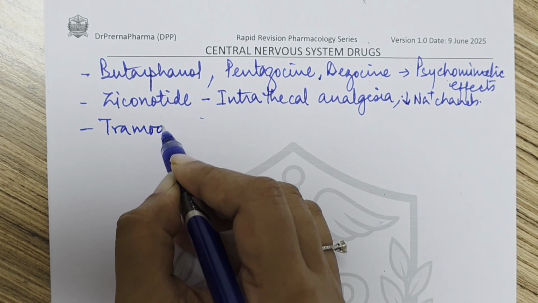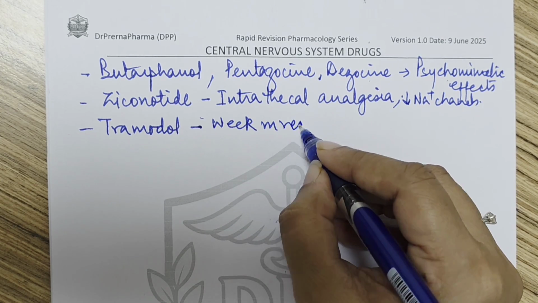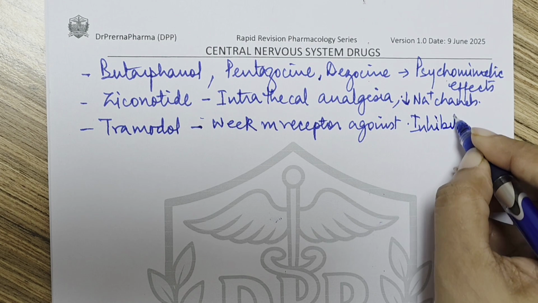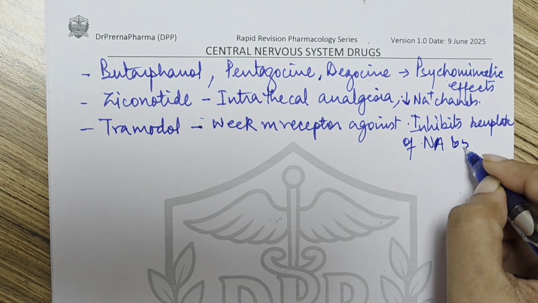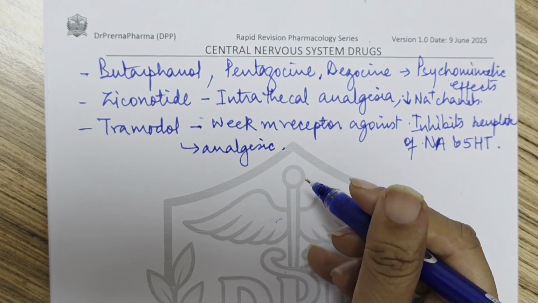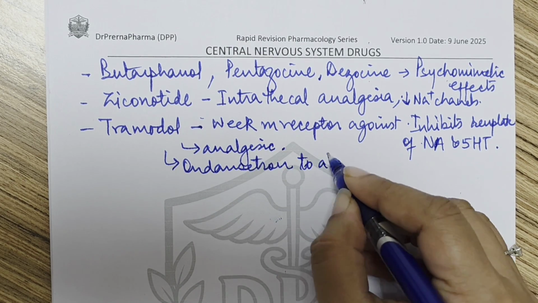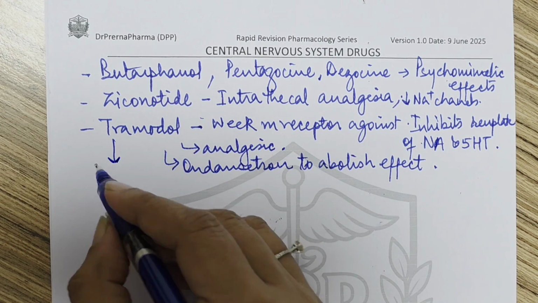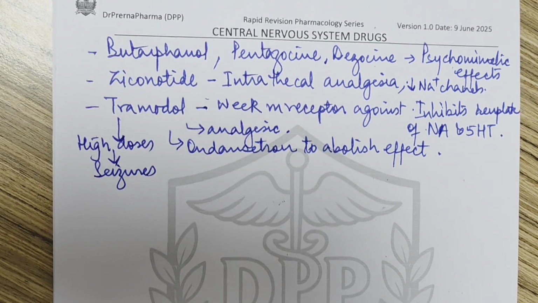Then there's a very commonly used drug, that is tramadol. Tramadol is a weak mu receptor agonist. It inhibits the reuptake of noradrenaline and 5-HT and causes analgesia, so it has got an analgesic effect. Ondansetron is seen to abolish the effect of tramadol because it inhibits its action on serotonin, and high doses of tramadol cause seizures, right?